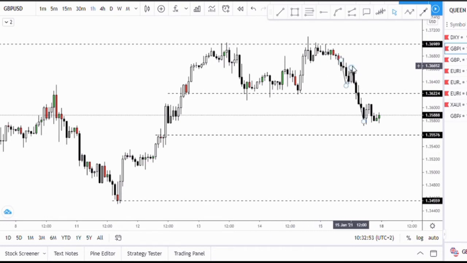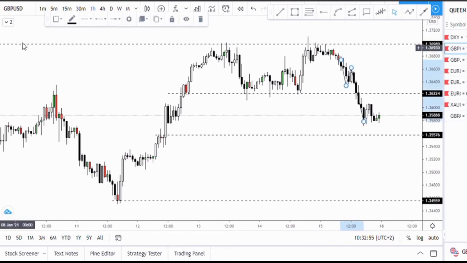So if I was to put a resistance right here, let's say with our support right here, since price was above, we would say this is support because price was above. So this is support, right? Price broke, it retested, and it continued down.